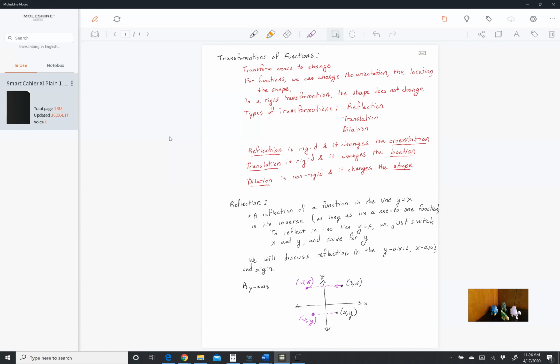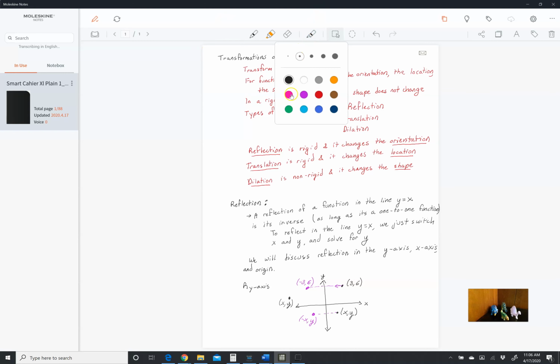Okay? And the same thing would be true if we started on the other side, right? If we started on the other side, and this was our point, x comma y. So notice x comma y can represent any point, okay?